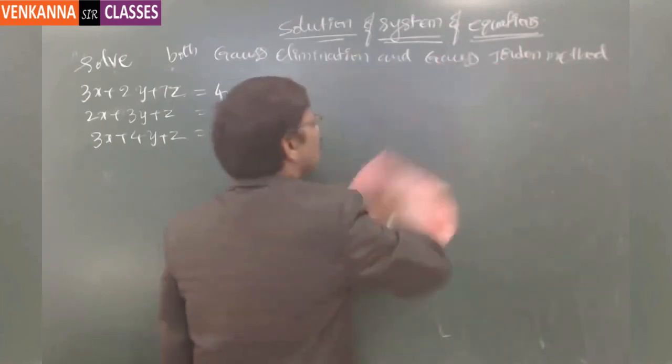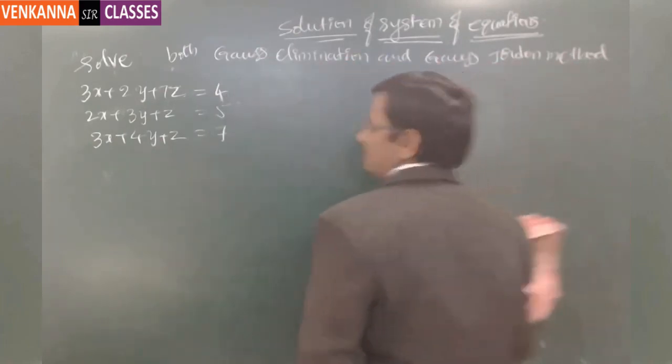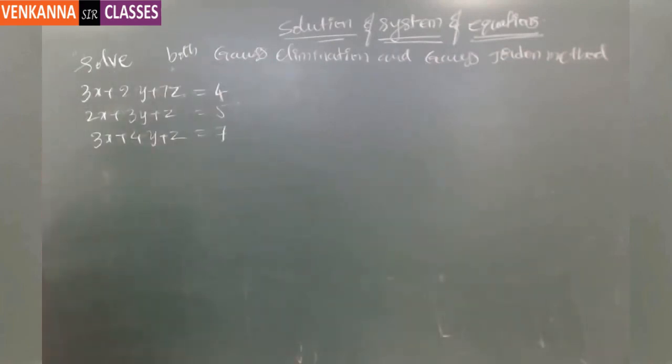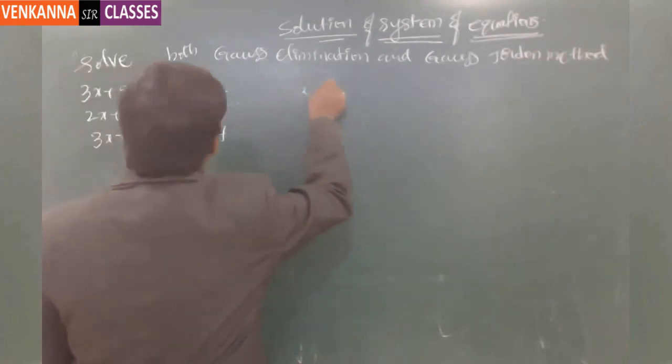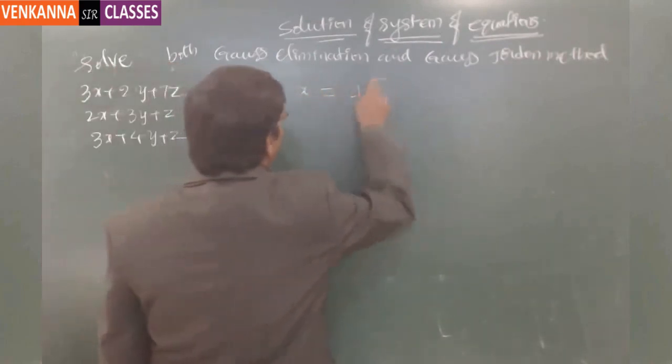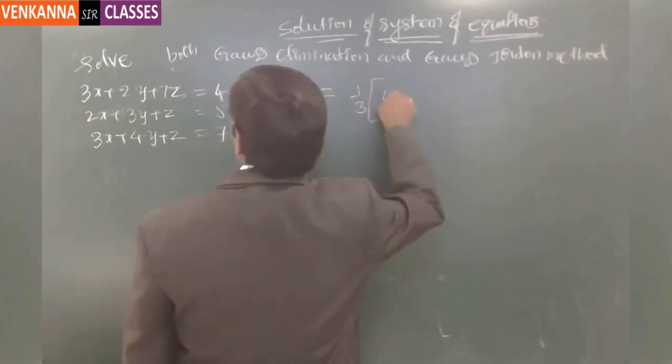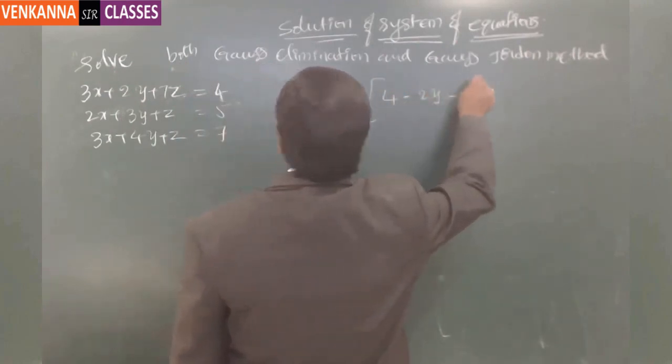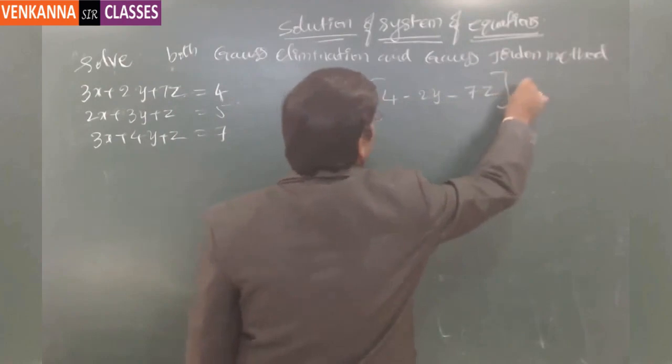We express x is equal to 1 by 3 times of 4 minus 2y minus 7z. So this is one equation.